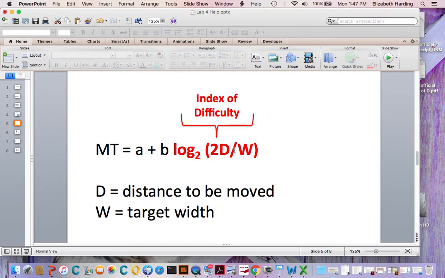So you can see that as the distance changes, or as the distance becomes greater, the targets become farther apart, movement time is going to increase. As the width or the size of the target becomes smaller, because it's in the denominator, movement time is going to increase. And so you might have to go revisit your lab sheet that actually had the tests outlined for you, because I don't have them here.